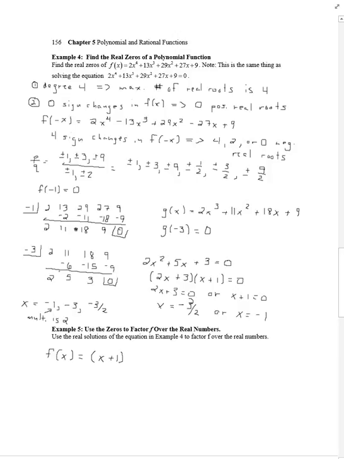And remember, since it came up twice, that means it's squared. Times x plus 3. And then the last one is x plus 2/3.